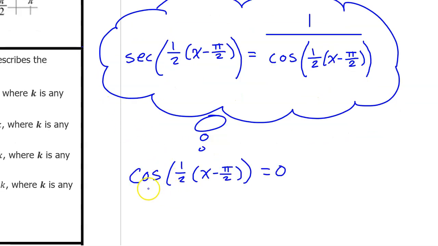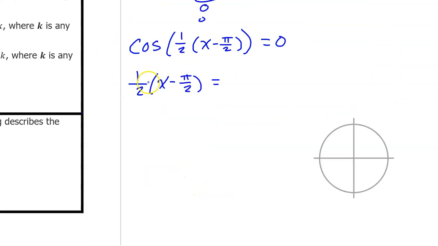In other words, we can find all the vertical asymptotes by solving this equation. First, we solve for 1/2 times x minus pi over 2 by asking ourselves the cosine of what is equal to 0. Cosine is the x value on the unit circle, and x values are equal to 0 here and here. So the first solution will be pi over 2.